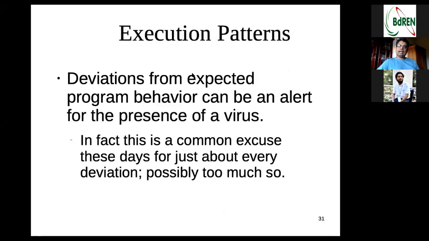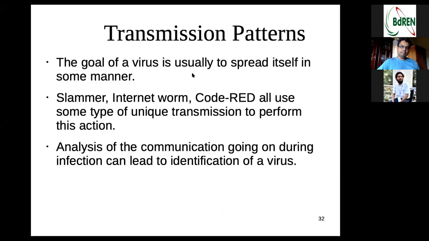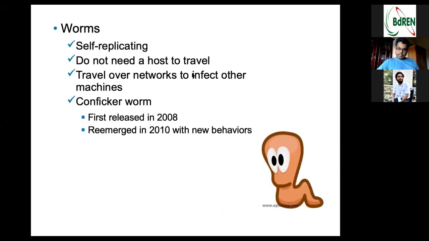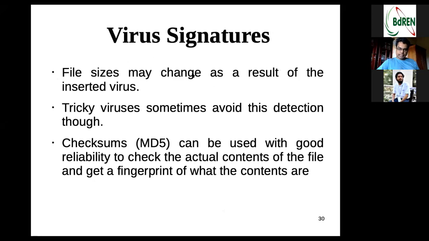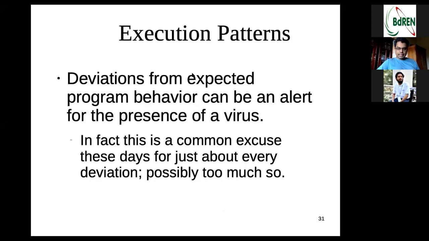Like that, there are several transmission pattern techniques used as virus signatures. So virus signatures are used for two things. First, for the viruses to detect themselves, and second, virus scanners use signatures to identify the type of the virus.